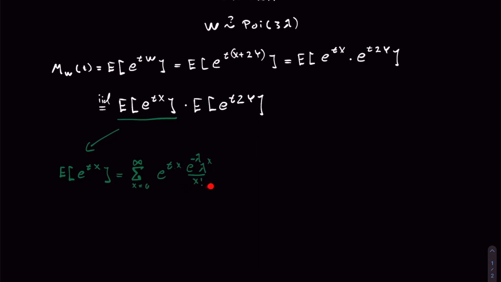So this is just the PMF of the Poisson, and this is through LOTUS, a transformation of X.